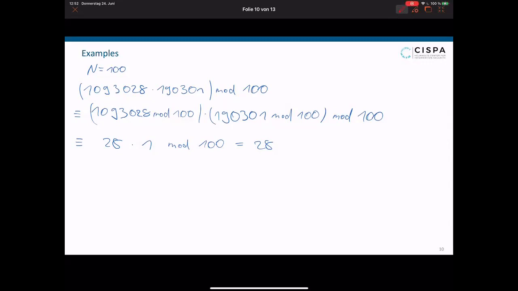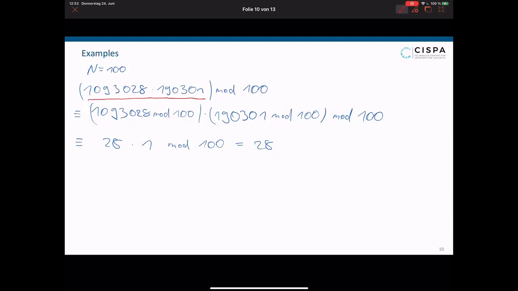The reason is that if you look at this, we're not computing with bit numbers, but with base 10 numbers. So here, this multiplication is a multiplication of a 7-digit number times a 6-digit number, right?